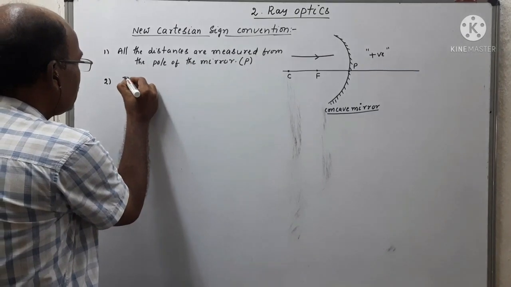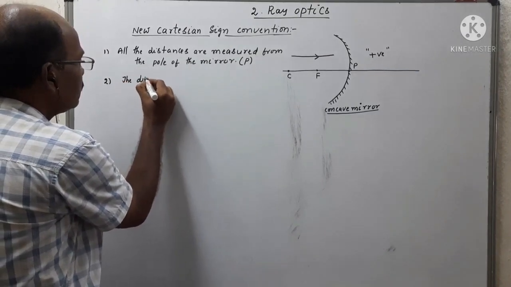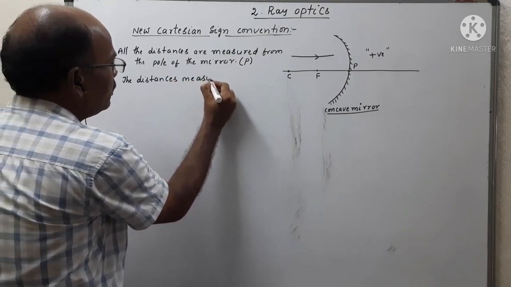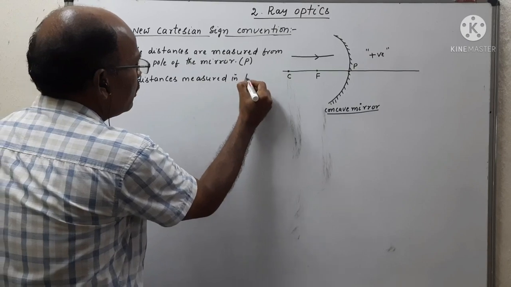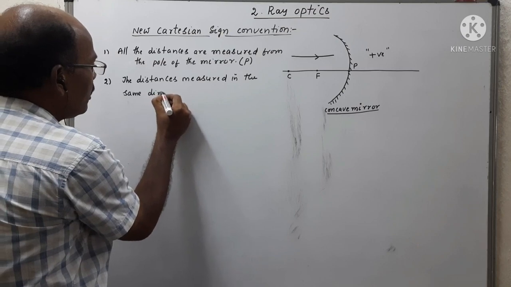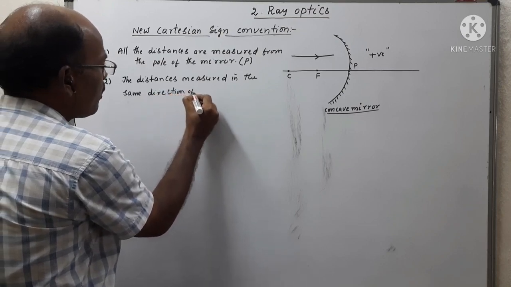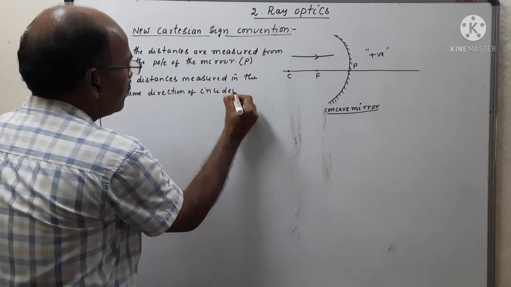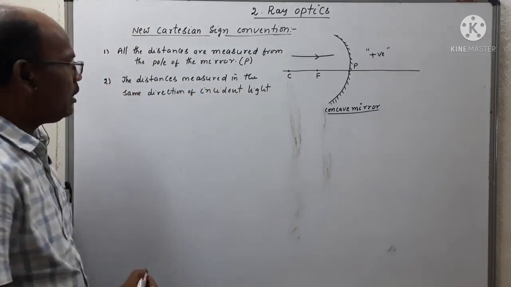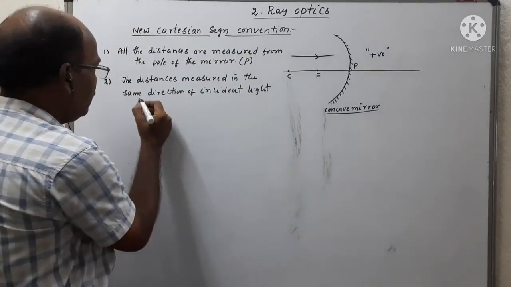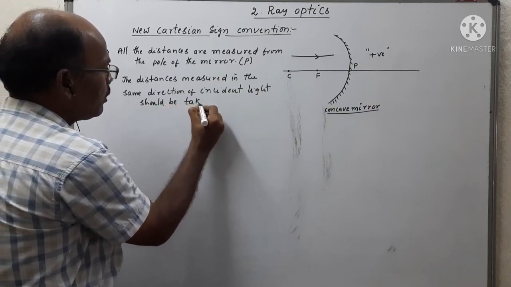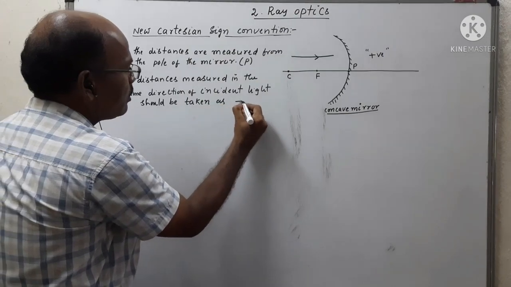The second one is: the distances measured in the same direction of incident light should be taken as positive.